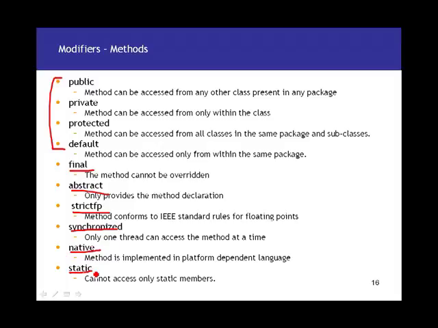For a class, you say public strictfp final class name. You give access modifiers first, then the non-access modifiers, one after another, then the class declaration and the actual class name. Similarly for other items as well.